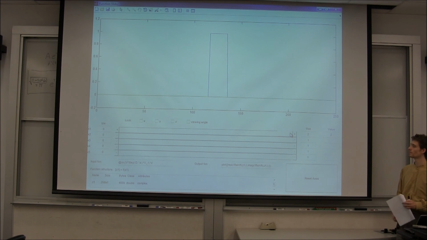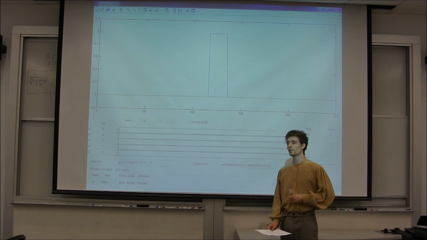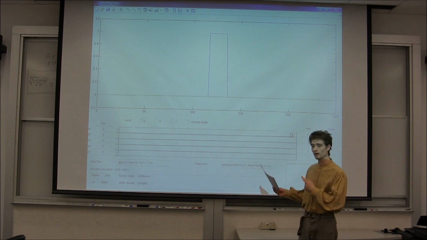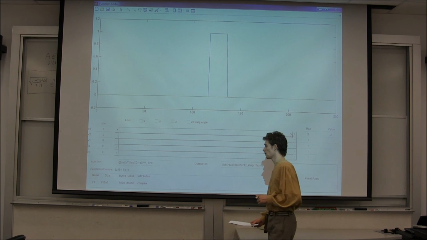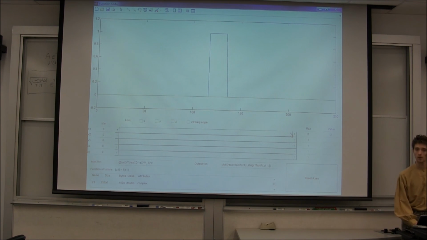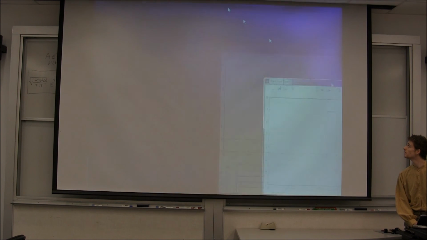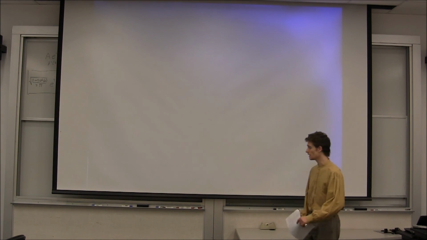Now, it is shown in the papers that the fractional Fourier transform is continuous with respect to alpha. One of the things I investigate in my project is whether or not it's differentiable. And it turns out it is.